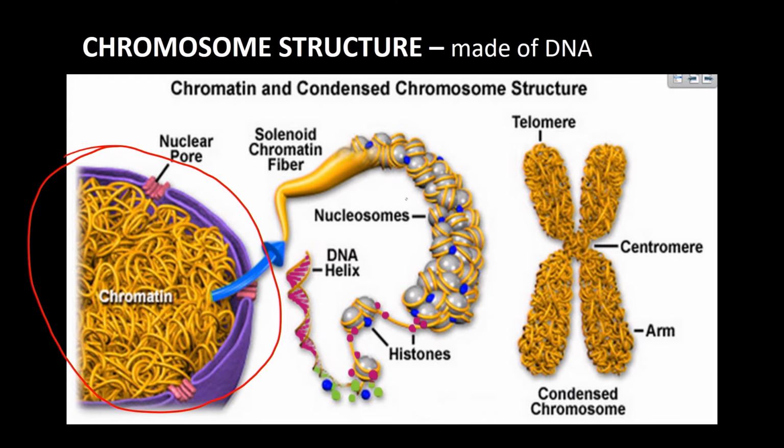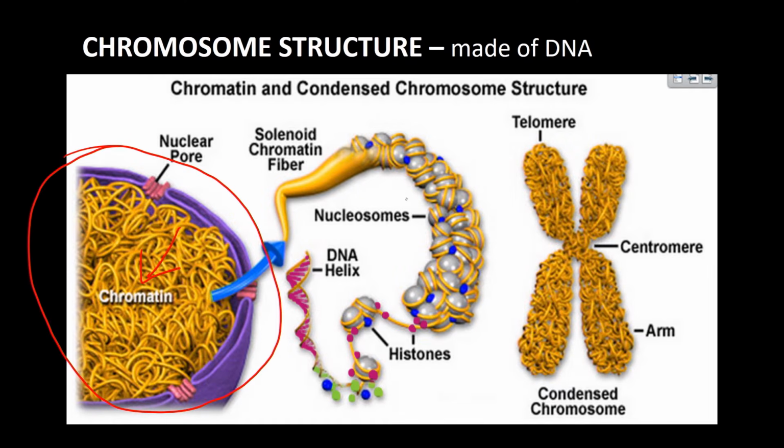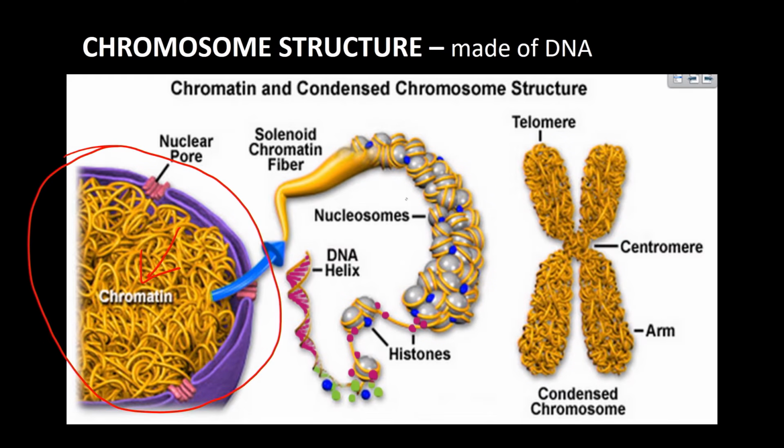When the cell wants to divide, you can just imagine taking half of what is in here and trying to sort it out. It could lead to lots of tangles. So what happens to prevent the tangles? The long chromatin threads get coiled up.